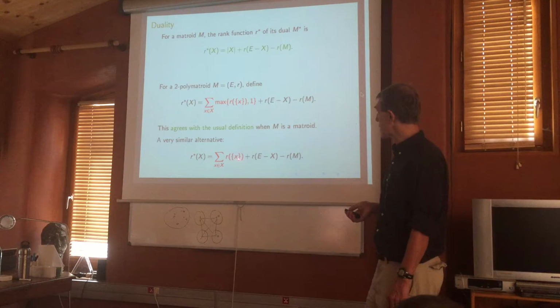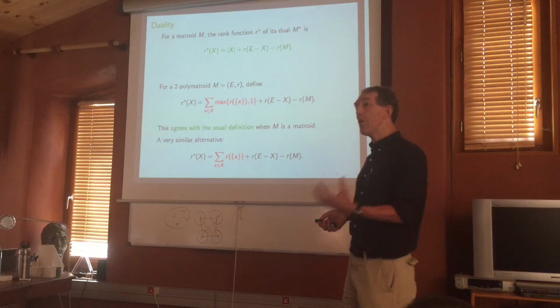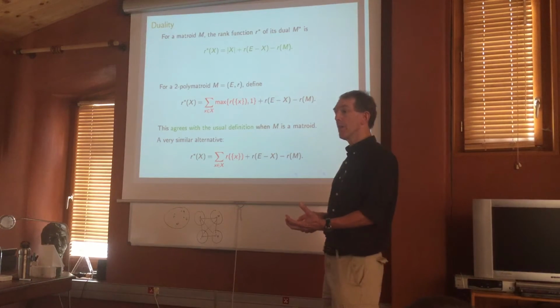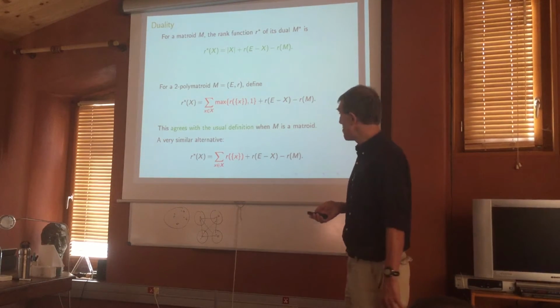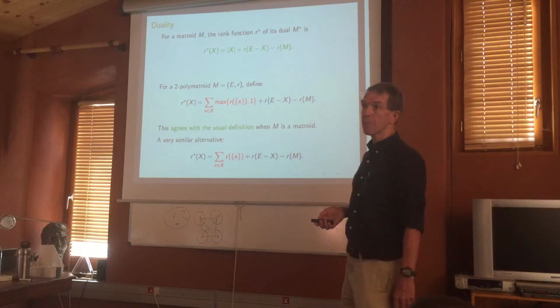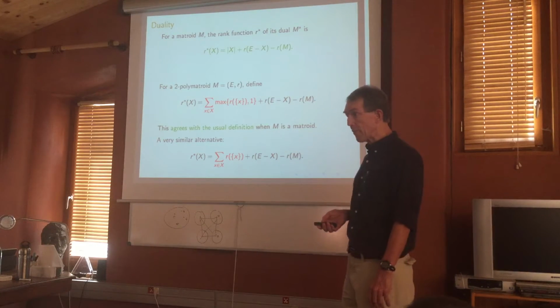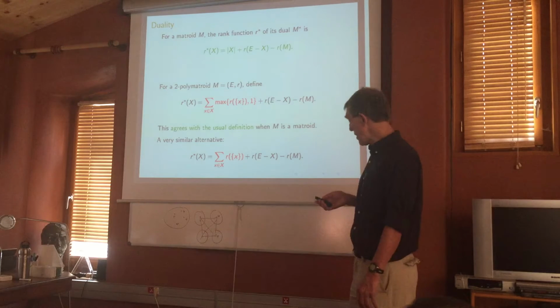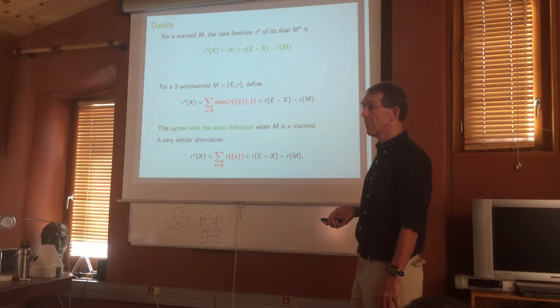So you don't have anything special here. You don't have this max condition, so this might be viewed as a cleaner thing. For what we do in the context of this paper, it really doesn't matter because loops don't come up at all. Since we're dealing with 3-connectedness, it doesn't matter which one we use.